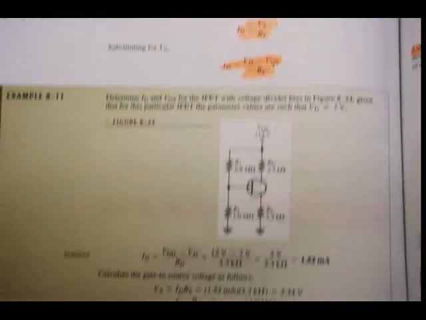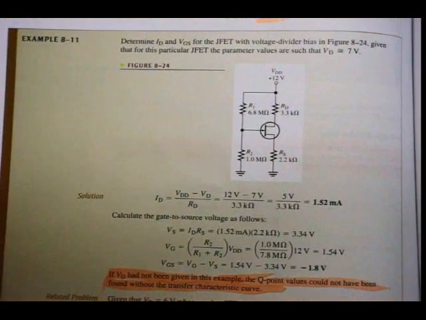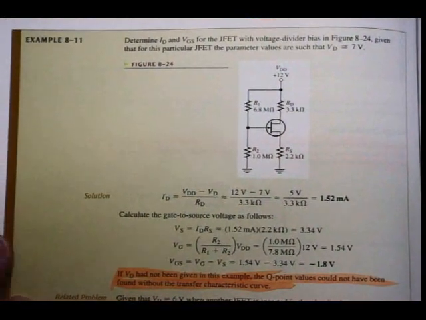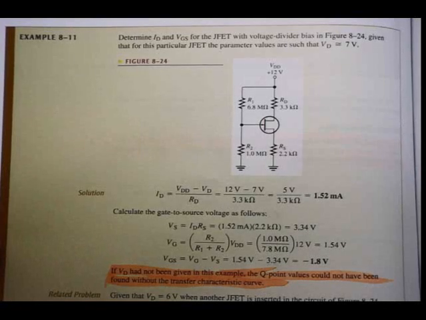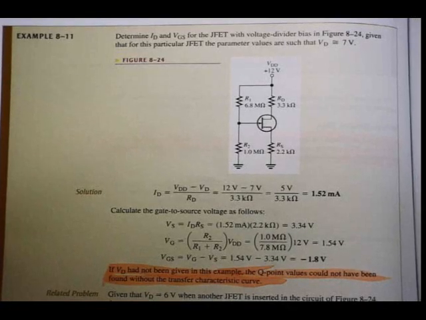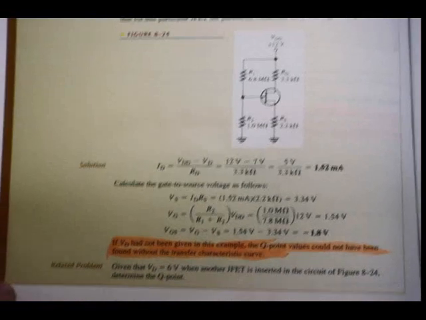But let's have a look at the example there quickly. Example 8.11. Determine ID and VGS for the JFET with a voltage divider bias in figure 8.24, given that for this particular JFET the parameter values are such that VD is equal to 7 volts.